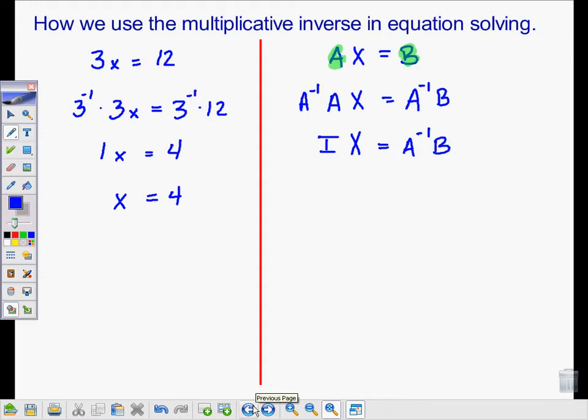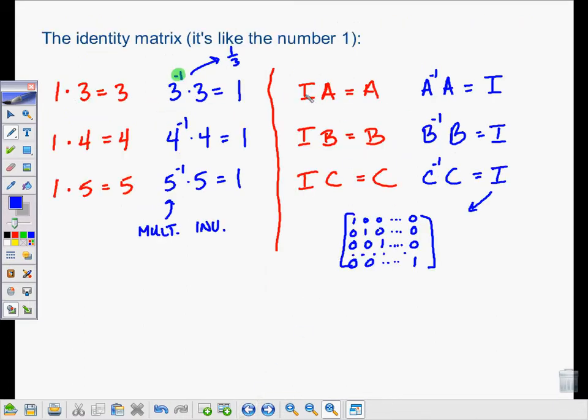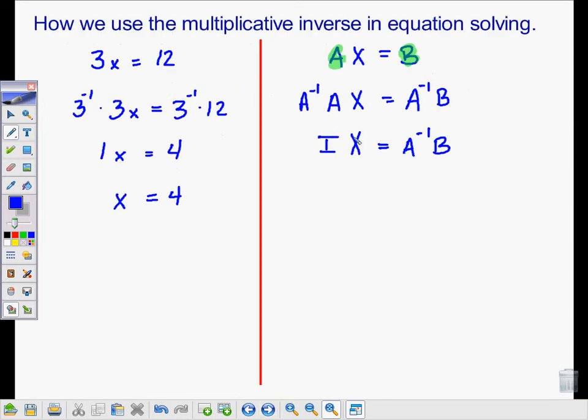Now here's the other cool thing. We just got done saying that the identity matrix times anything gives us that item back. So identity times A just gave me A. Identity times B gives me B. The identity times x just leaves me with x.